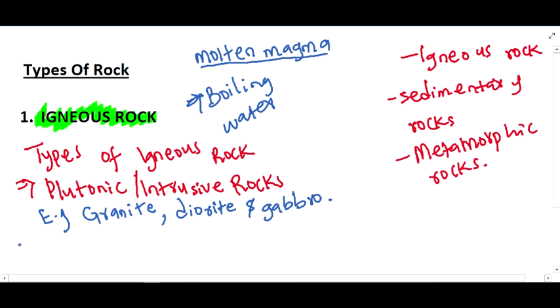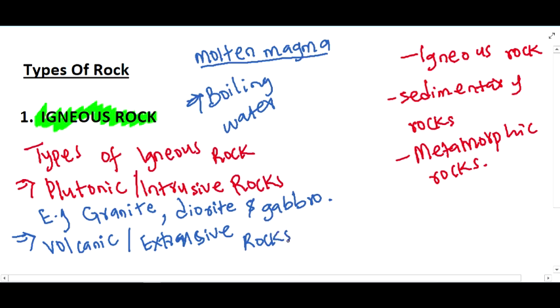Okay, another type of igneous rock is the volcanic igneous rock, volcanic or extrusive. I think with this word extrusive and intrusive, you understand this concept well.